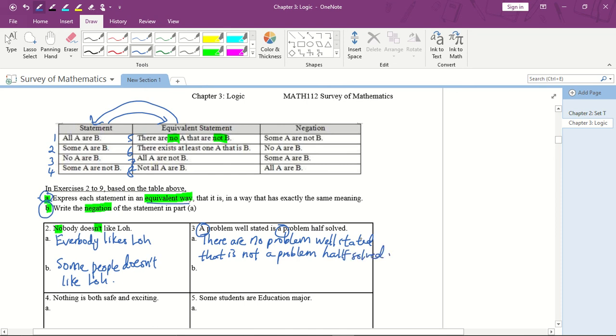Okay, all problem well stated is a problem half solved. So there's no problem well stated that is not a problem half solved.